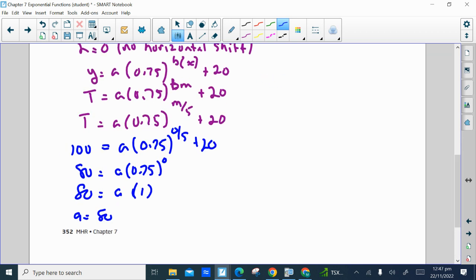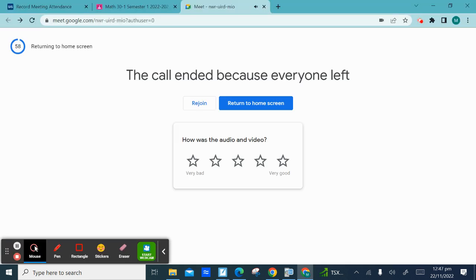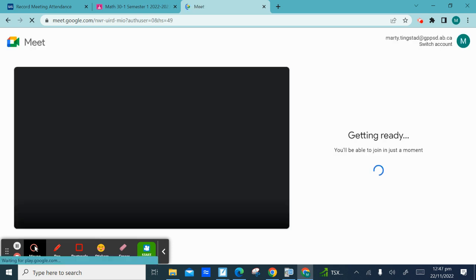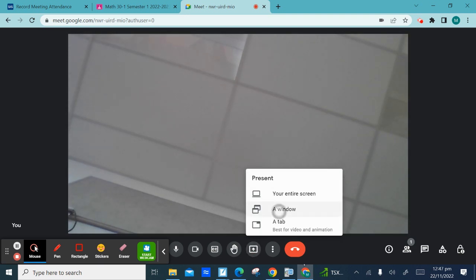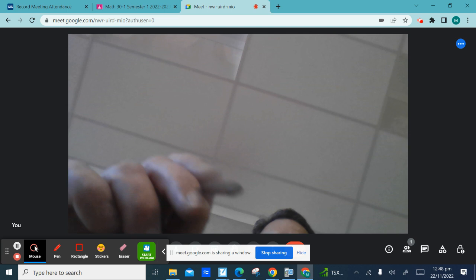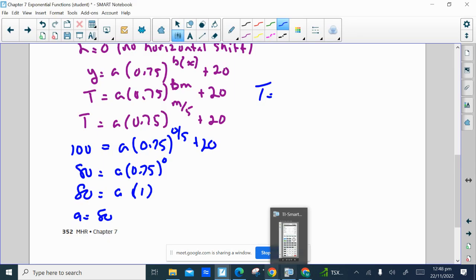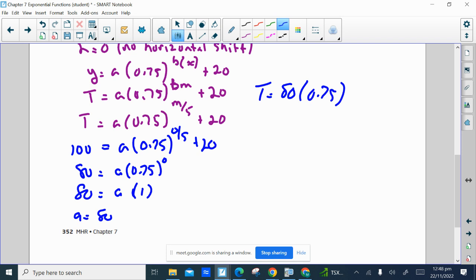So the equation would be T, the temperature, so again, T, the temperature is 80 times 0.75 to the power m over 5 plus 20, where m is the number of minutes that the water has been cooling.